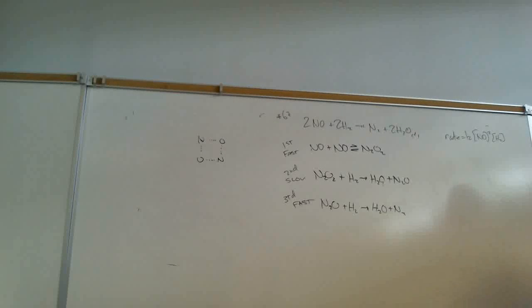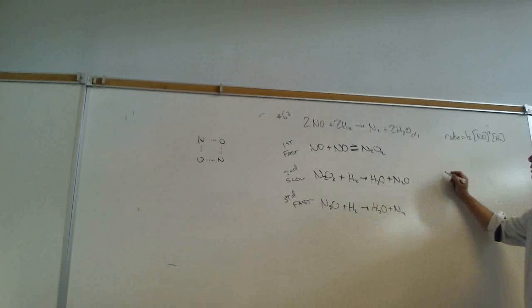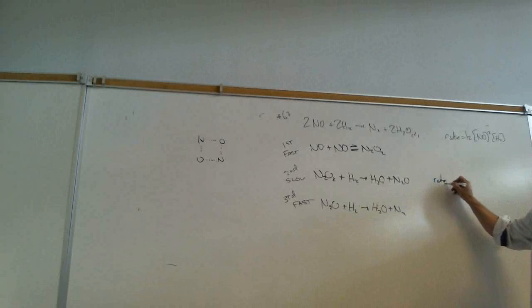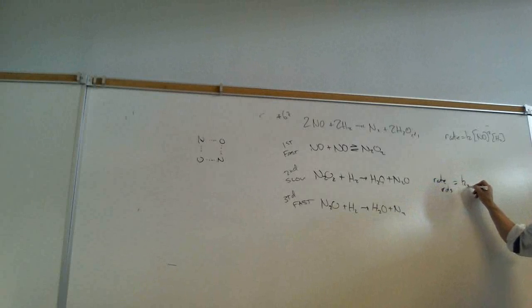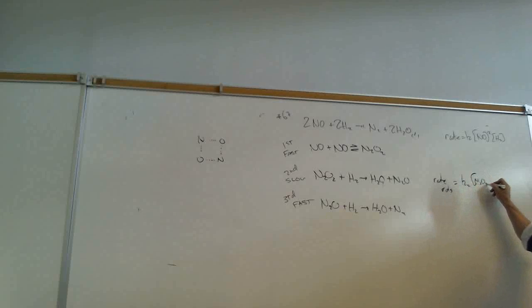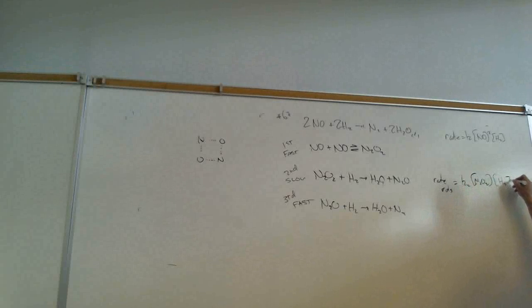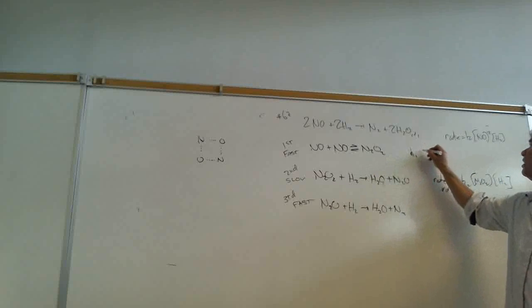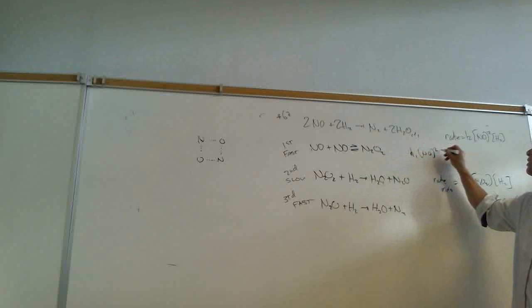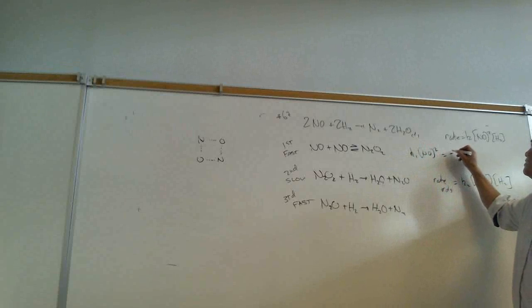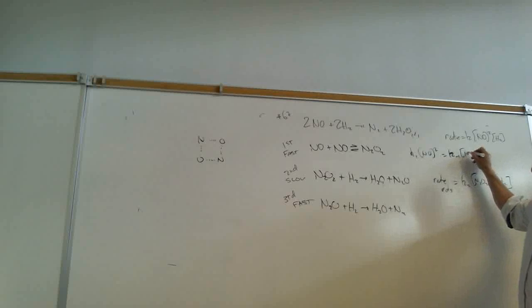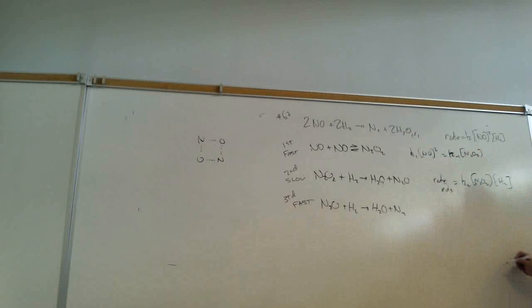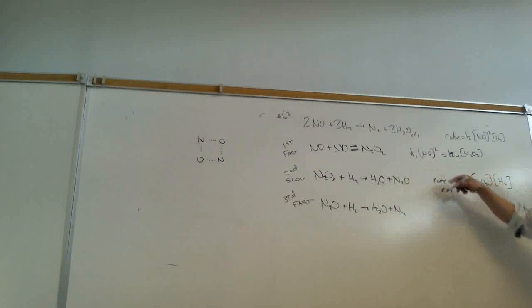Okay, so we have this, and then the rate for the RDS is equal to K2 N2O2 times H2. And then we do fast reversible here. If we do fast reversible, then K1 times NO squared is equal to K minus 1 times N2O2. And therefore, N2O2 is equal to K1 over K minus 1 times NO squared. So we'll just plug that in here.